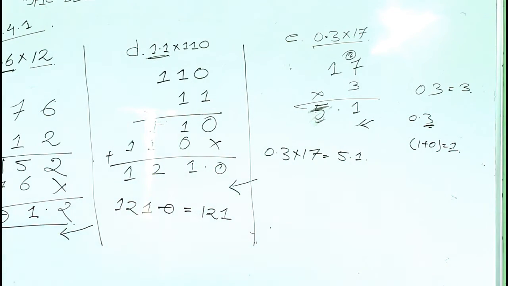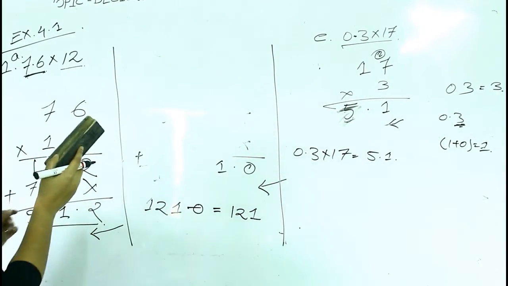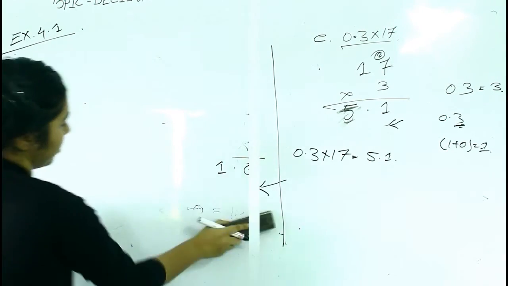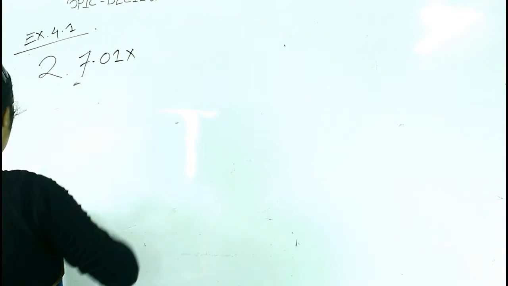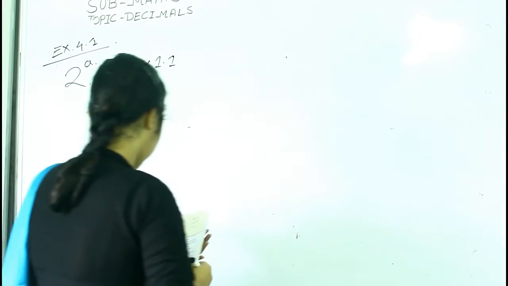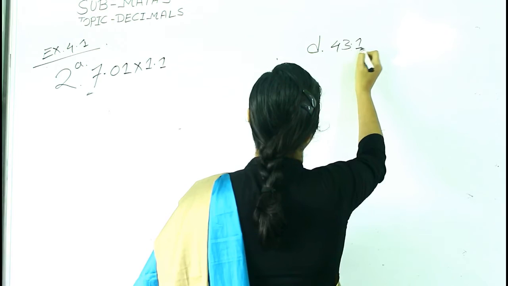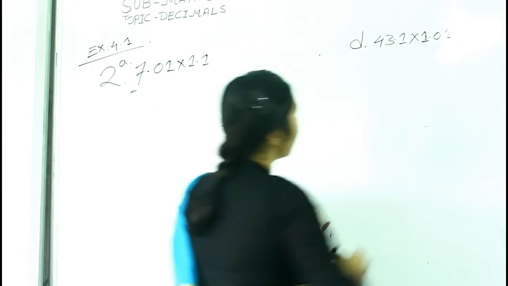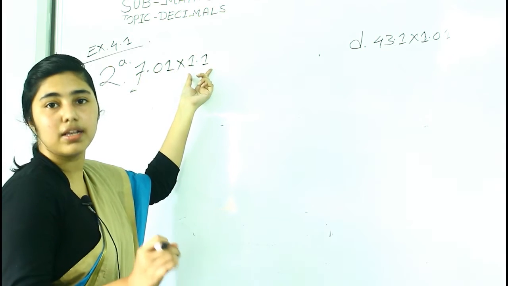Next we will see the multiplication of two decimal numbers. Here we have to multiply 7.01 with 1.1. And question number D, 43.1 into 1.01. Now here both are decimal numbers.